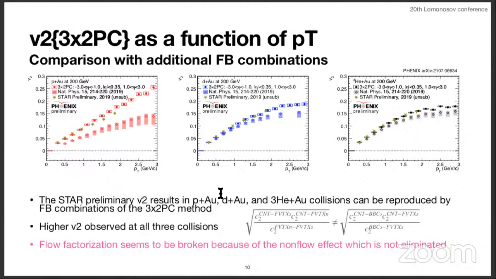This also shows that the PHENIX FB combination gives the explanation of the STAR preliminary results.